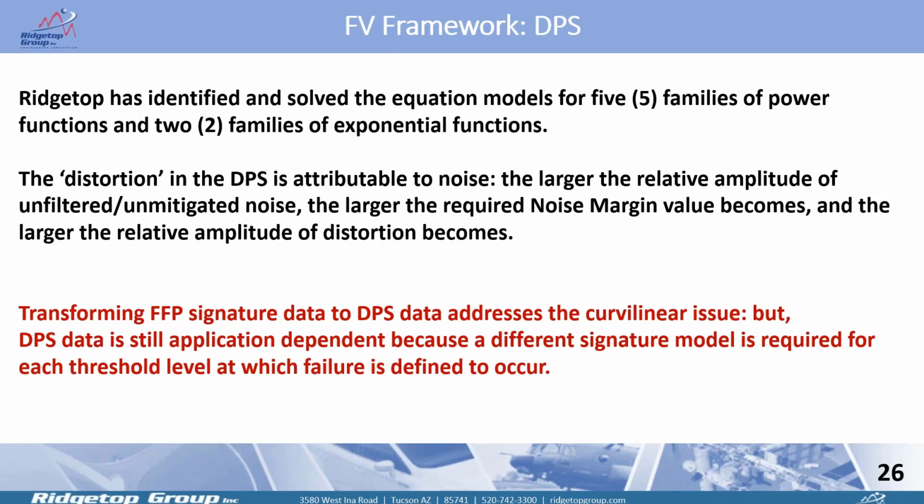The key point here is that by transforming feature data to FFP to DPS, we address the curvilinear issue, but it's still application dependent because I need a different signature model because of the difference in failure thresholds. What I mean by that is a power supply used in a targeting system has a higher criteria than that exact same power supply being used to, say, energize a bunny rabbit.